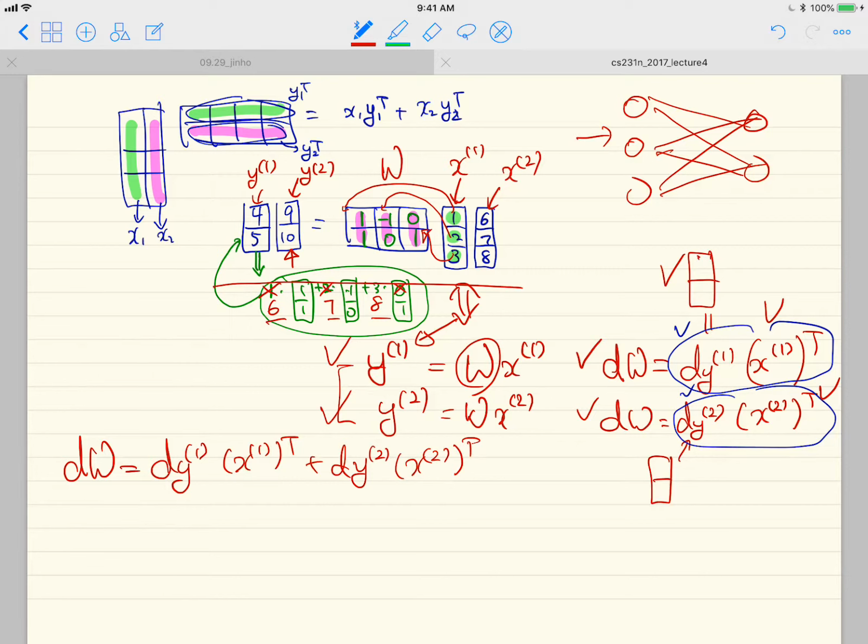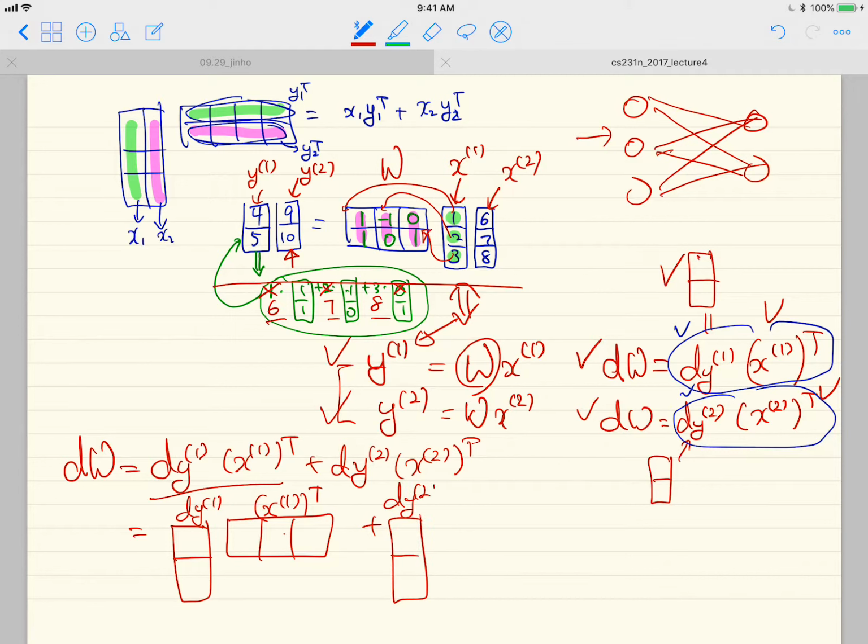Okay, and then we were able to factorize this out into dy1 and x1 transpose, right? And dy2 and x2 transpose, right? So far so good, right?